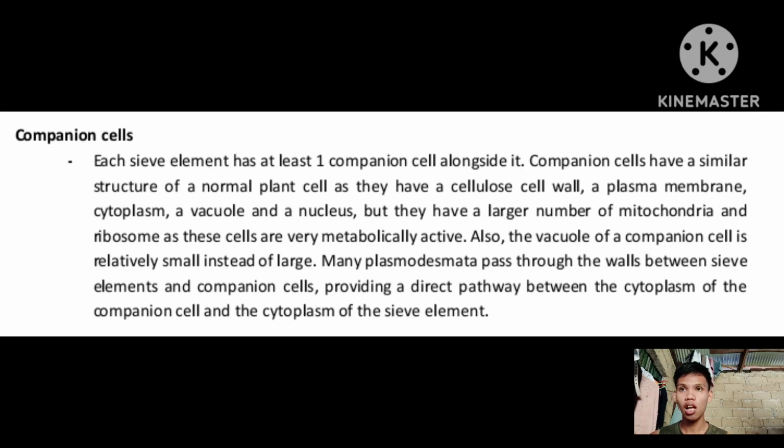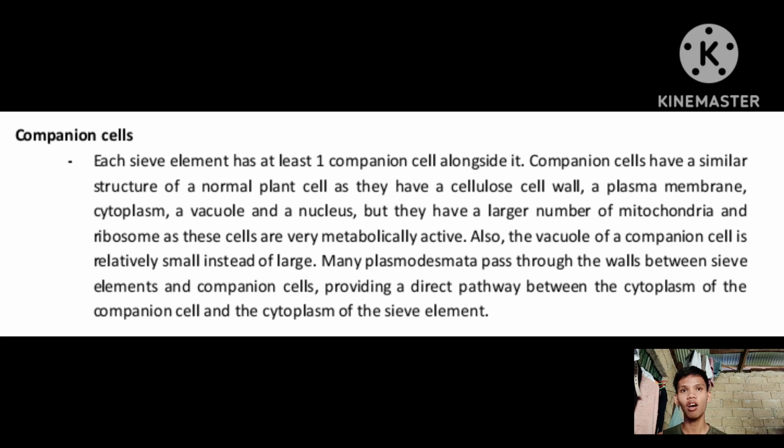In companion cells, each sieve element has at least one companion cell alongside it. Companion cells have a similar structure to normal plant cells, as they have a cellulose cell wall, a plasma membrane, cytoplasm, a vacuole, and a nucleus, but they have a larger number of mitochondria and ribosomes, as these cells are very metabolically active.